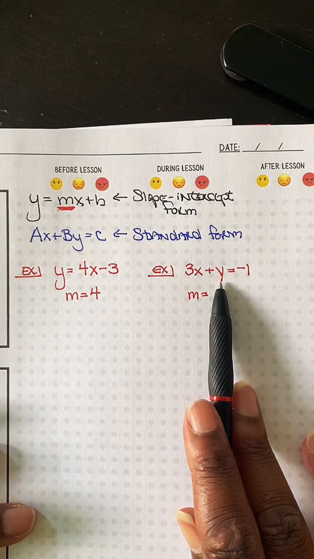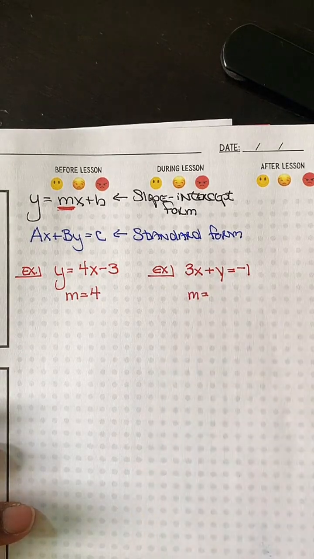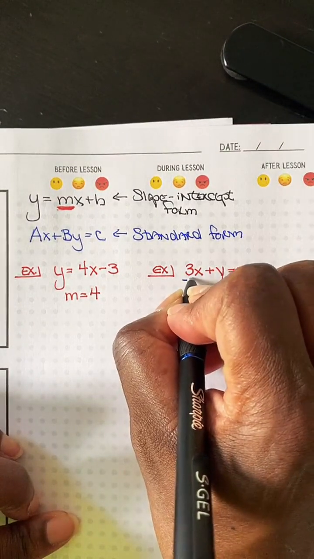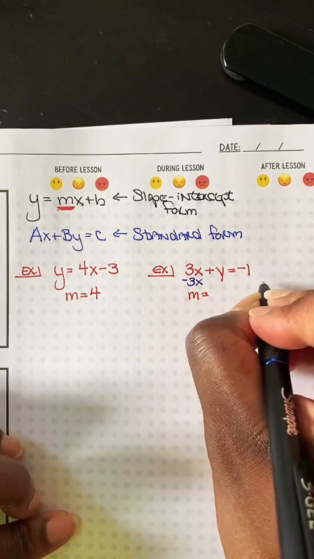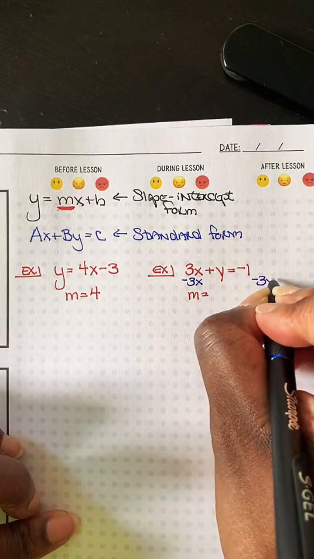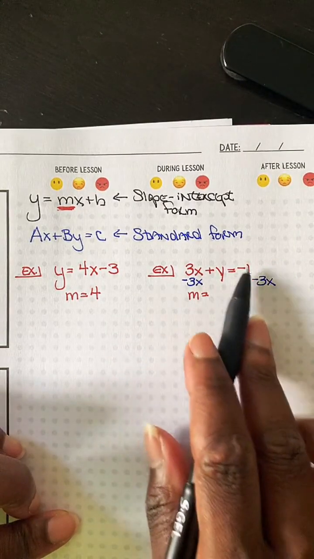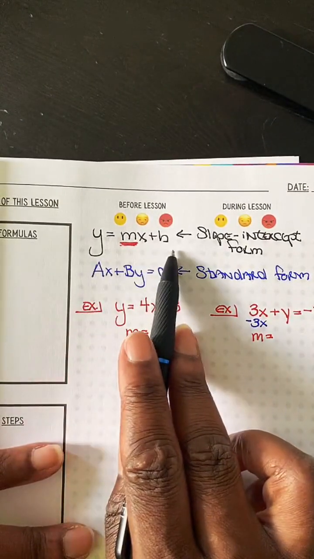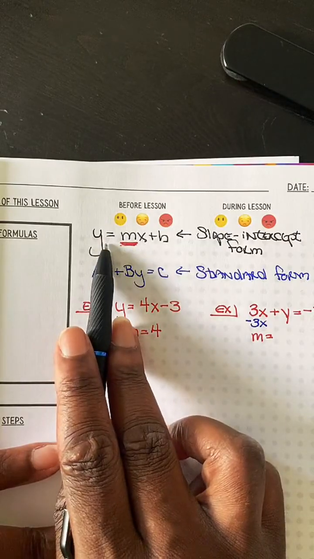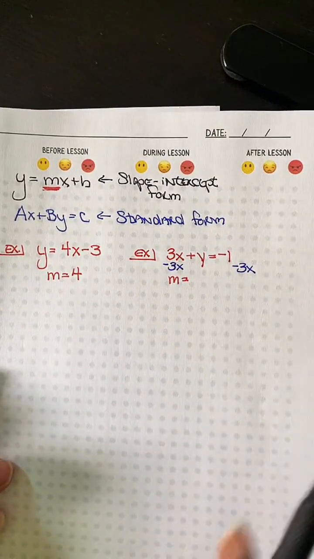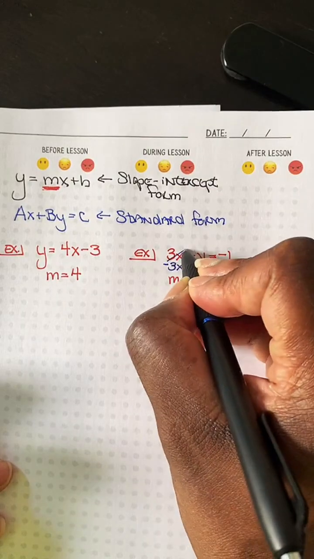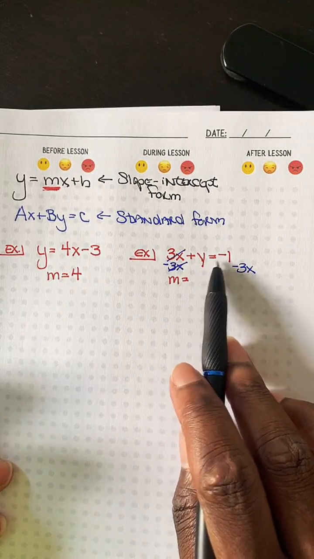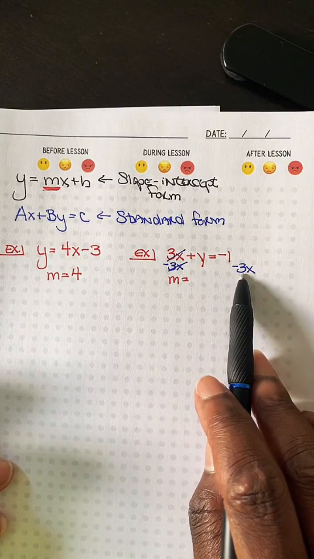Yes, you have to isolate that y by subtracting. Exactly. Okay, so we have to subtract this 3x on both sides. Anytime you want to find out what the slope is, put it in that slope-intercept form. Okay, that means y equals. So when we come here, we want to subtract the 3x. So now you got y by itself equals -1 minus 3x.